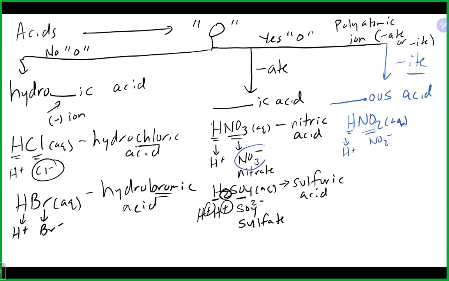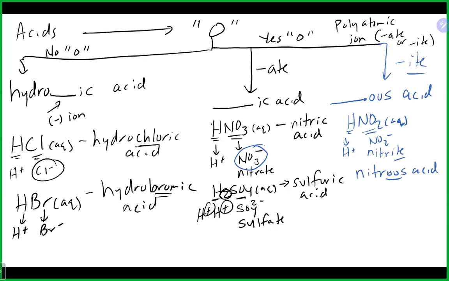Well, NO3 minus is nitrate, ATE. This is NO2 minus, which has 1 less oxygen, which means it should be nitrite, ITE. So because it's nitrite, this will become nitrous, OUS acid.